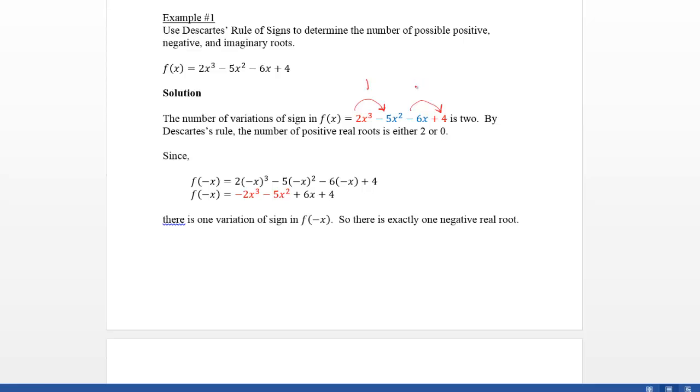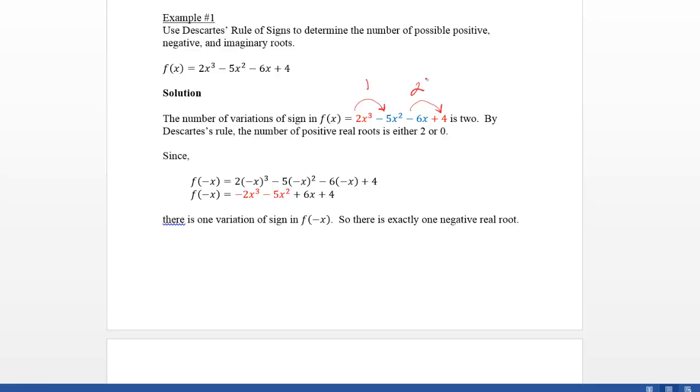So that's 1 change, that's 2 changes. What that tells me is there's a possibility of 2 positive real roots, or less than that by an even number, so possibly 2 less. So we could either have 2 positive real roots or 0 positive real roots.